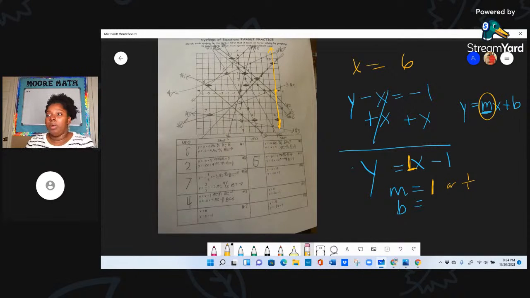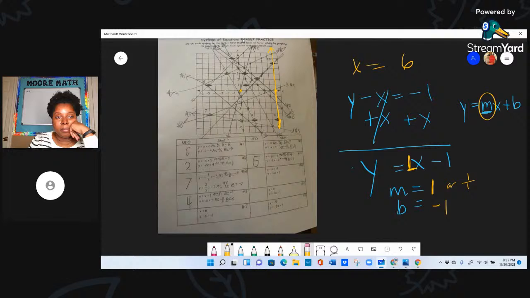Just 1. What's your y-intercept? -1. Okay, so I'm going to intercept the y-axis at 0, -1. Okay, tell me where that is. So I'm here at the origin. Where am I going? To the right, to the left, up, or down? I'm looking for y equals -1.